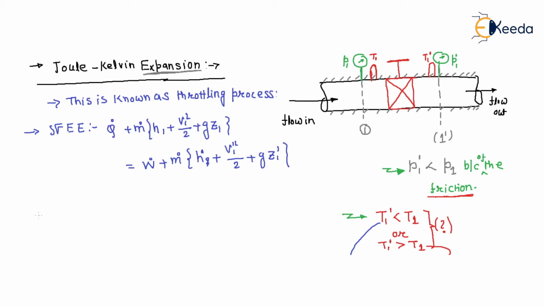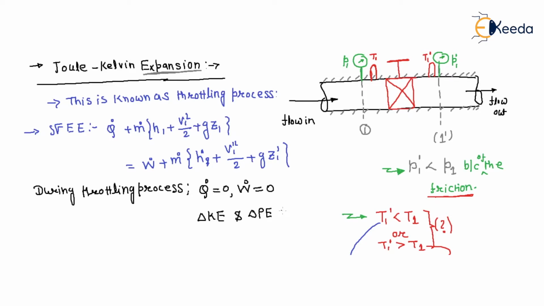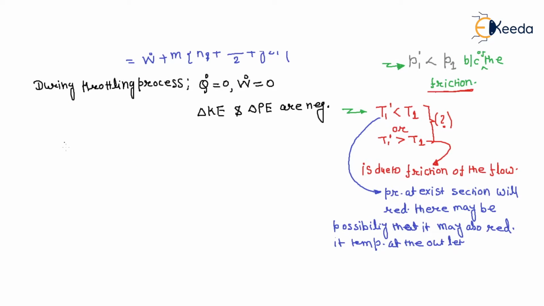During the throttling process there is no heat transfer, there is no work transfer, and we neglect the change in kinetic energy and potential energy. So the final result comes out to be H1 is equal to H1 dash.